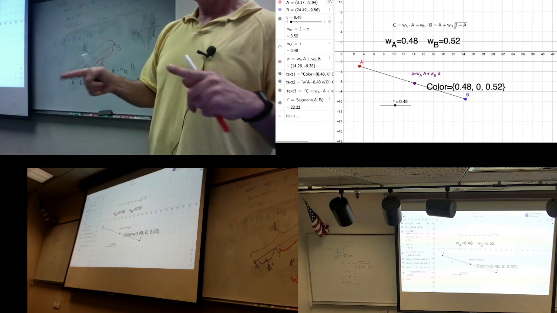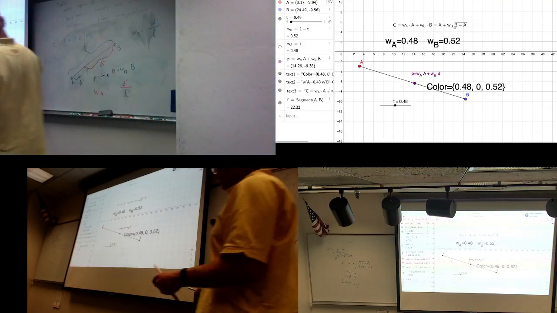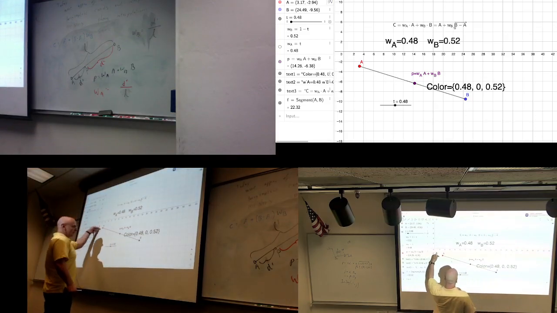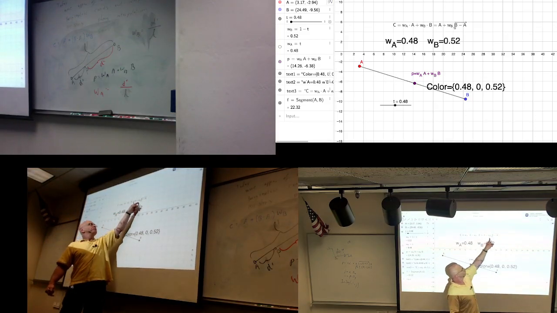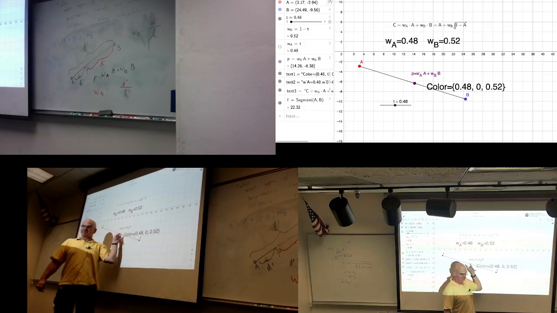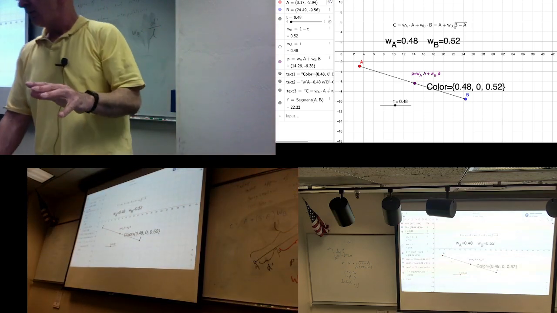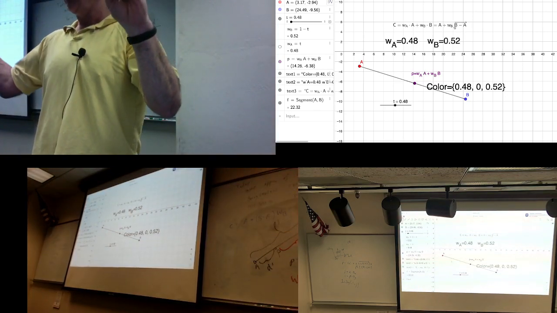Okay, so we can think about it in a few ways. Interpolate between 2 points, or make it all the way to A, and then multiply WB by the vector that goes from A to B, this vector. Okay, and WA and WB are convex combinations.